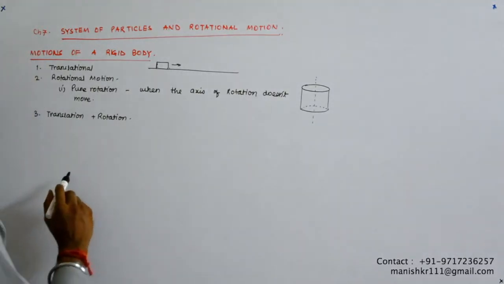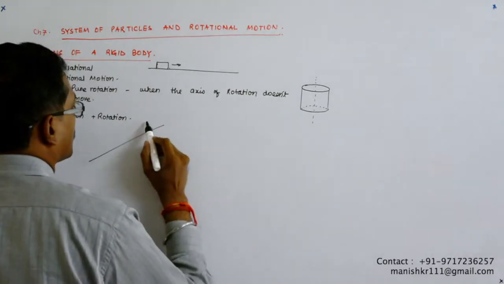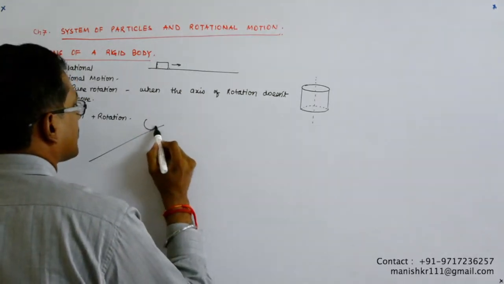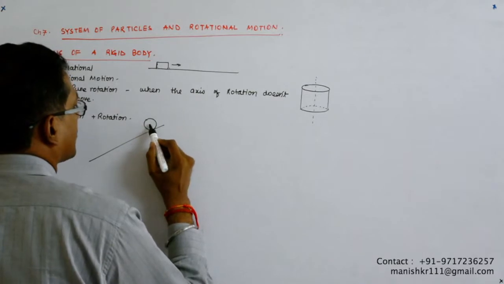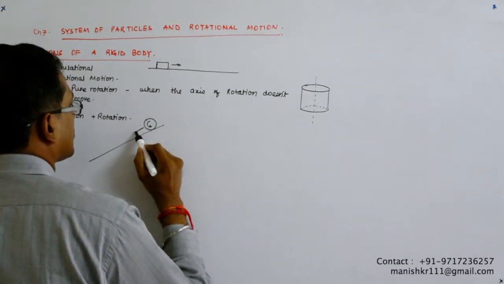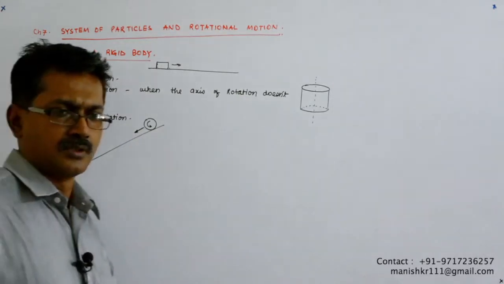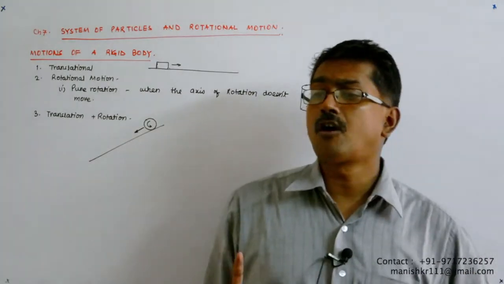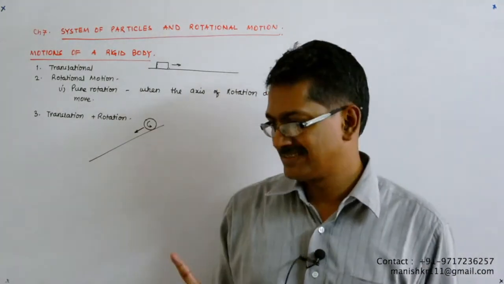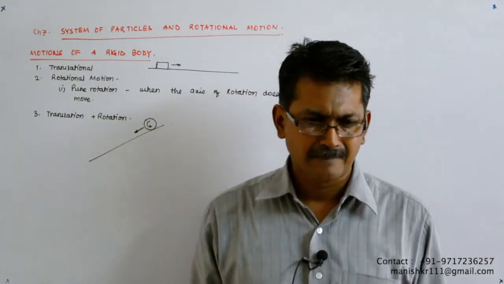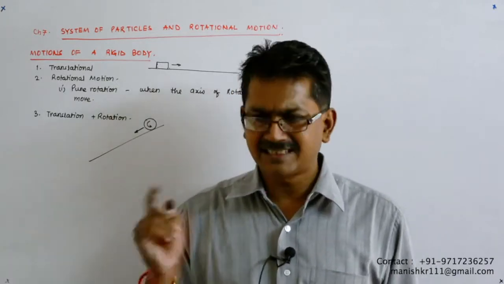What is translational plus rotational? So you have a cylinder or a sphere and it rolls down. It rolls down. If it does not roll, it simply skids. What happens? It is translation.